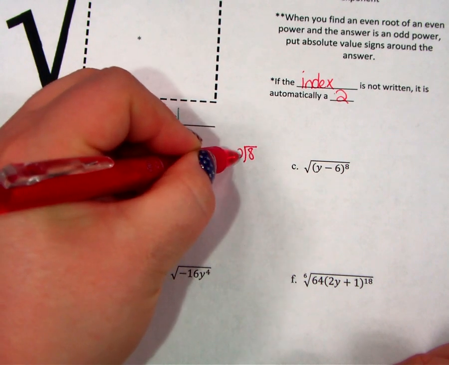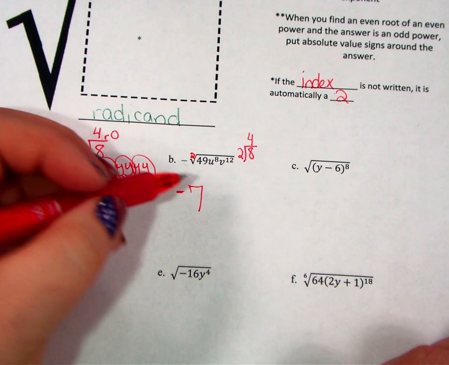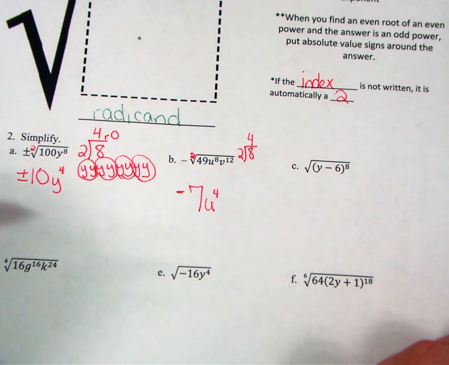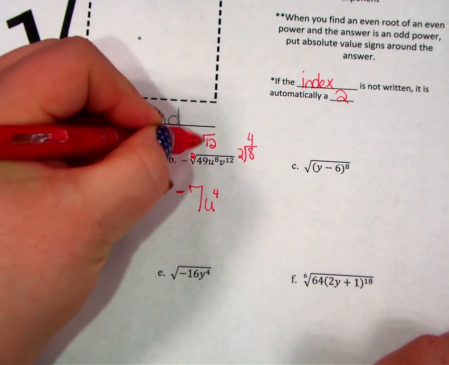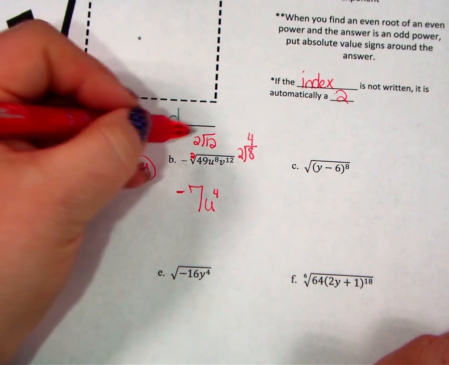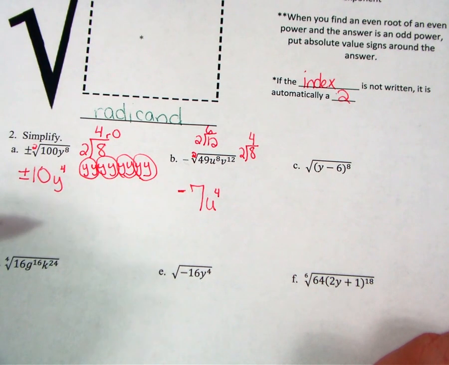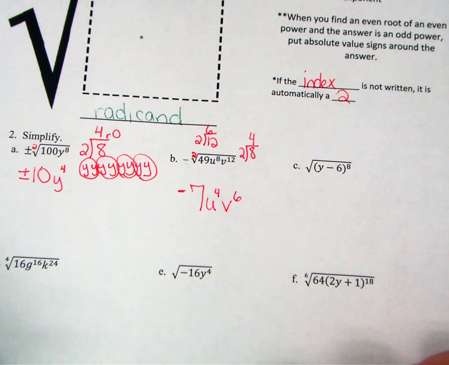Exponent is 8. Index is 2. 2 goes into 8 4 times. So that means u to the 4th came out. Exponent of v is 12. Divided by the index, it goes in 6 times. So that means v to the 6th comes out.